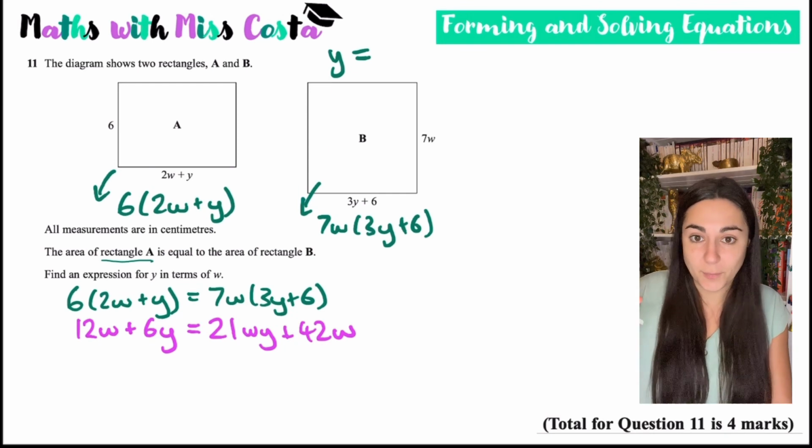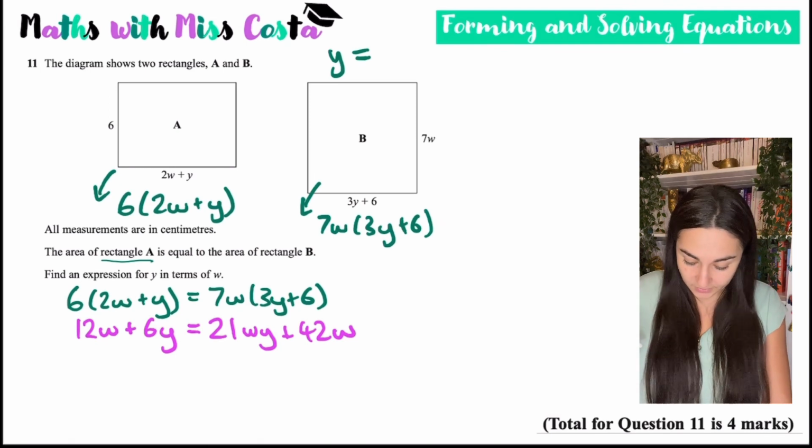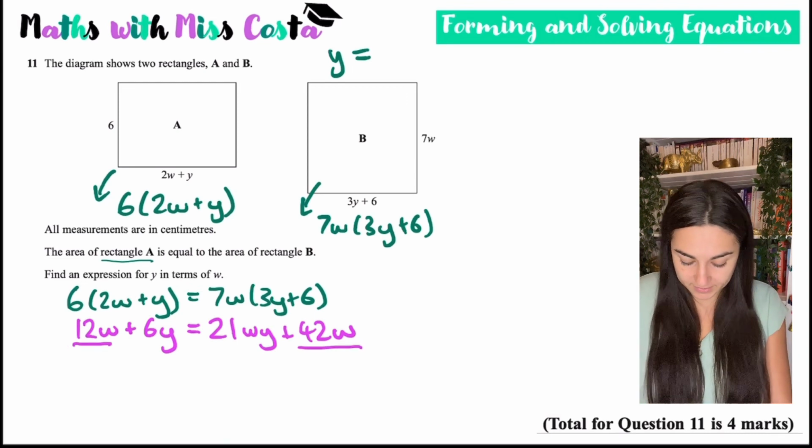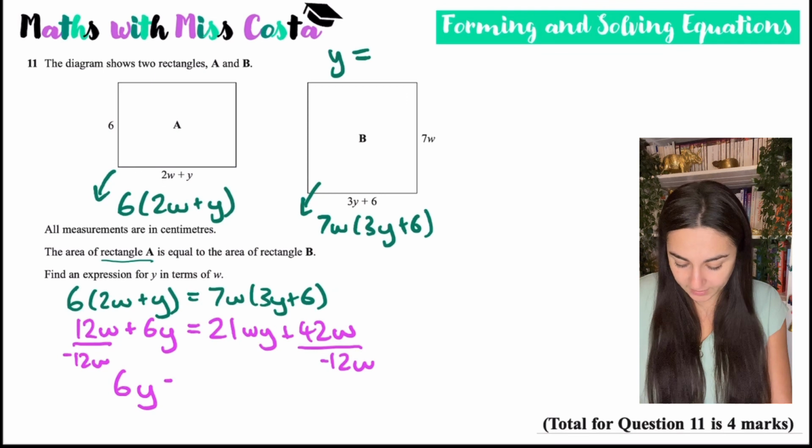Unfortunately, we've got a wy term, which means that we're going to have to factorise at some point. So what we could do first is simplify as much as we can. So we've got 12w on both sides. We've got a w term on both sides of the equation, so we can just eliminate 1 by subtracting 12w from both sides. So we're left with 6y equals 21wy plus 30w.